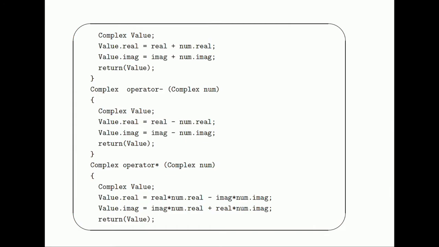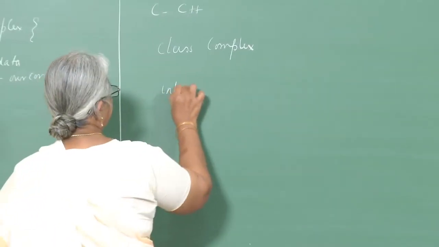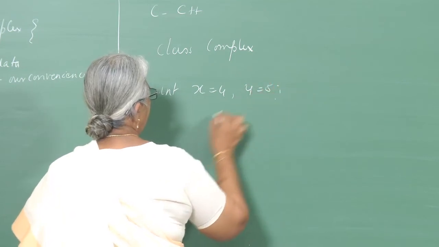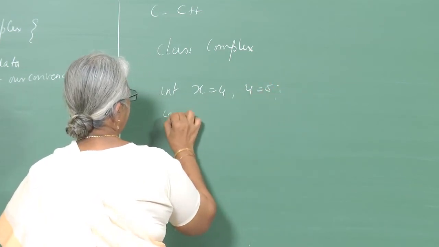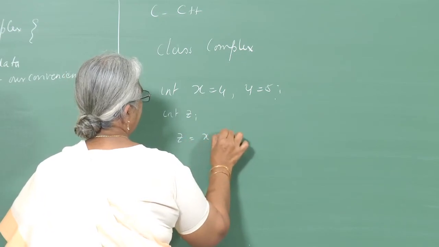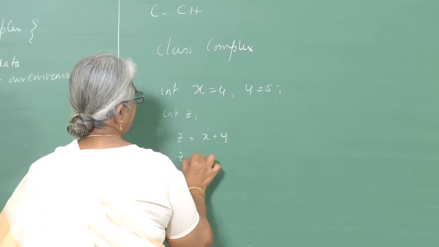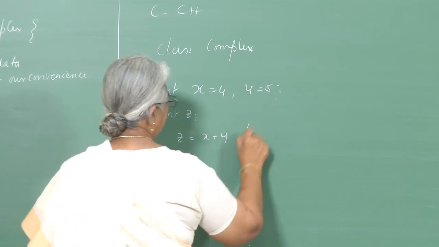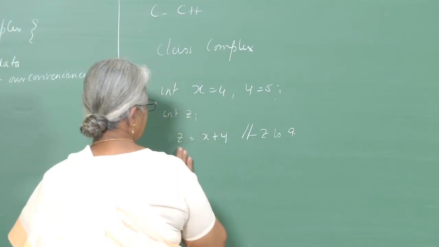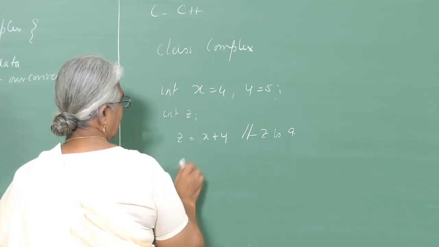Okay. So, what we are saying here is we know by the definition of plus and minus, with respect to integers, let us say x equal to 4 comma y equal to 5, then if I say int z and z is equal to x plus y, then the value of z will be 9. Okay. So, it knows that when this plus is used here, when both are integer, this is what it will do.